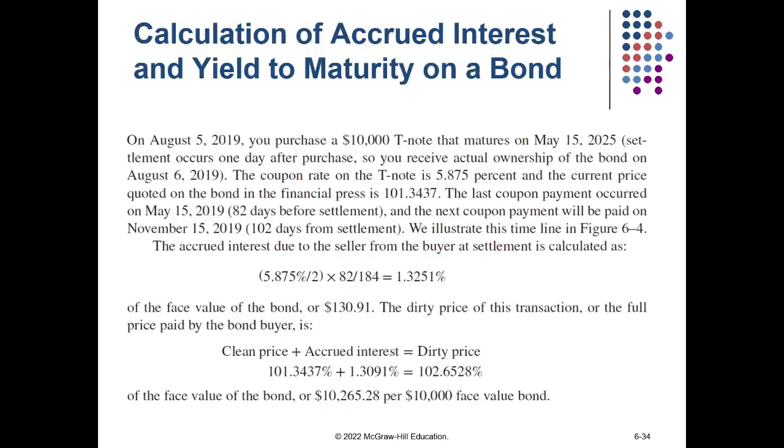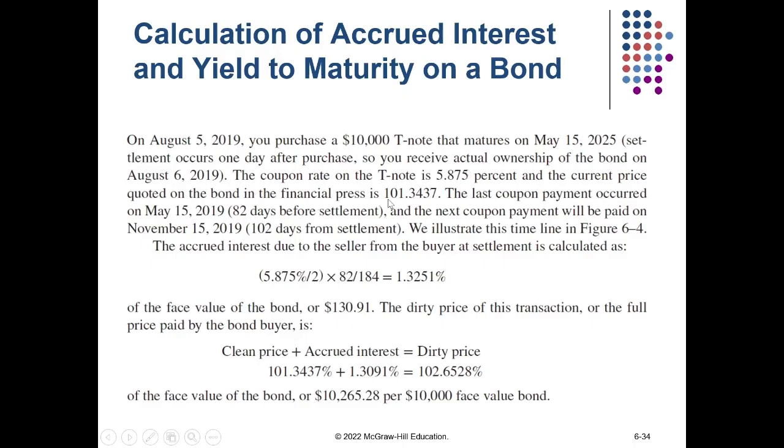Here's an example of the calculation of accrued interest and yield to maturity on the bond to help you understand it better. It says on August 5th, 2019, you purchase a $10,000 treasury note that matures on May 15th, 2025. The settlement occurs 1 day after purchase, so you receive actual ownership of the bond on August 6, 2019.